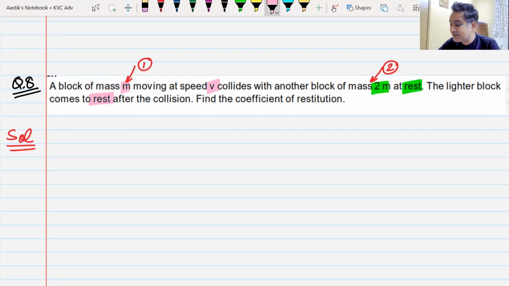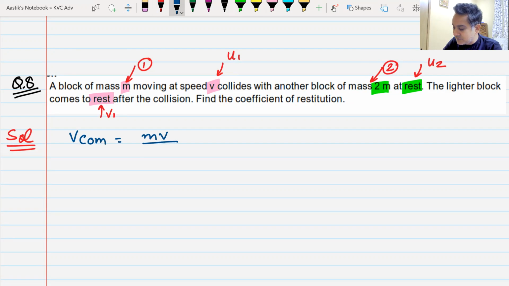So what are the things that I know? This is the value of u1, this is the value of u2, and this is the value of v1. I find the velocity of center of mass of the system. It is m into v divided by m plus 2m. The other block is at rest, so it is v by 3.